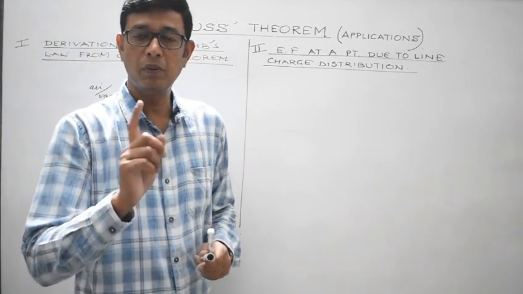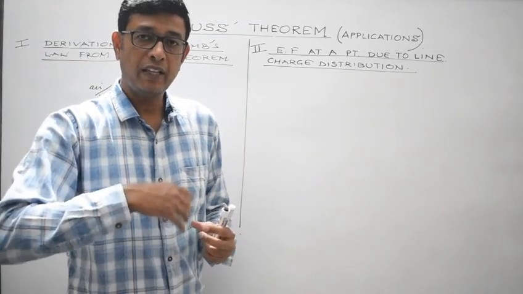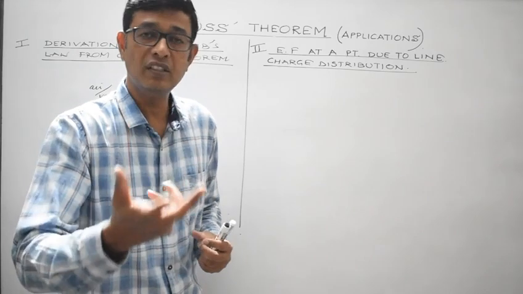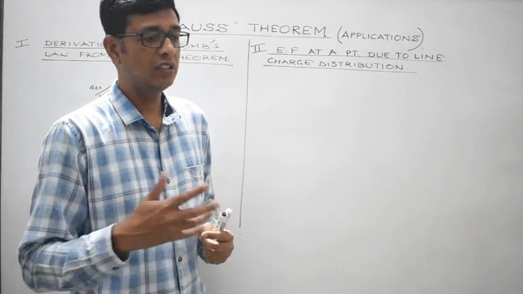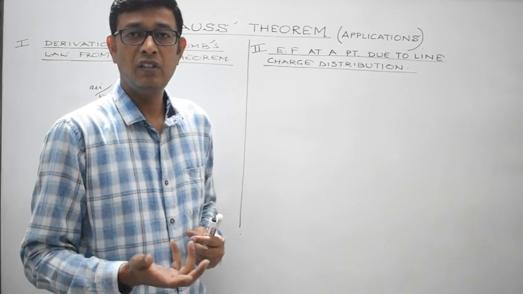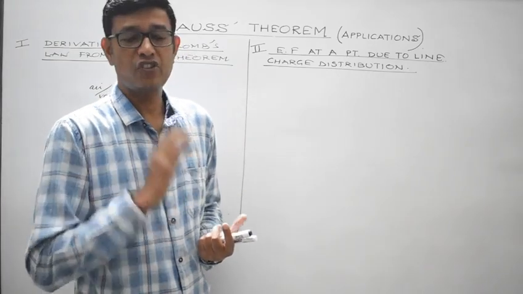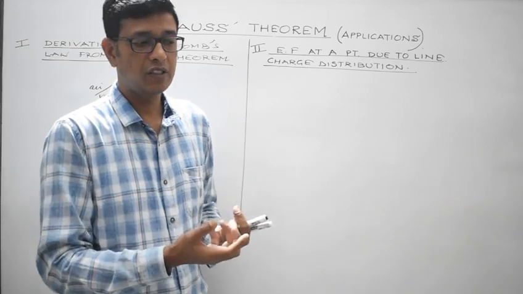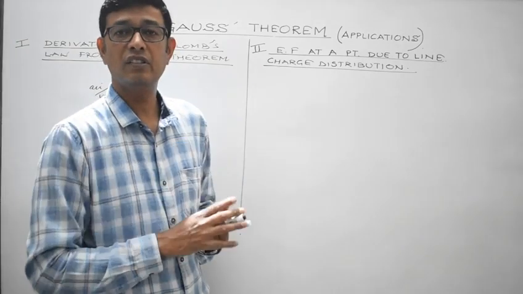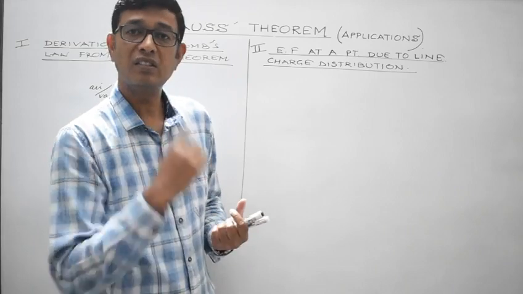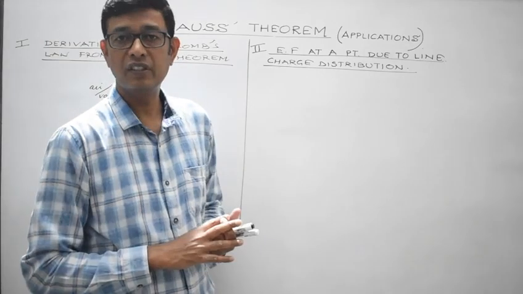Students, do remember, in order to apply Gauss theorem, we need a Gaussian surface. And Gaussian surface, as I told you earlier as well, it's an imaginary surface which encloses any net charge. For a point charge, obviously we will consider spherical Gaussian surface. For line charge, we may consider cylindrical Gaussian surface, isn't it?